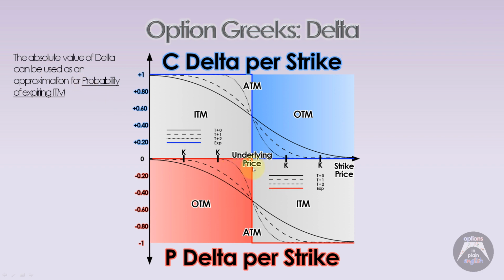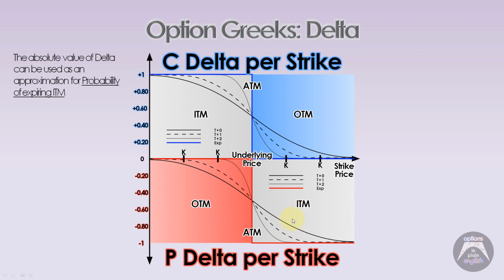So for example here, let's say we have the 70 delta put here. It's already in the money and it has a 70% probability of expiring in the money, even though it is a minus 70 delta, because you're long the put and it represents minus 0.7 delta times 100, because every contract is 100 shares.